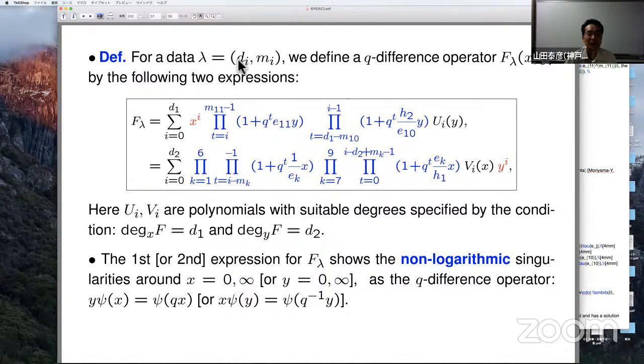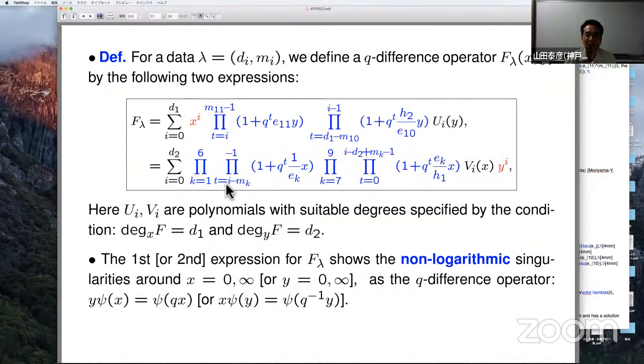For given degree and multiplicity data d and m, we define the q-difference operator, or the non-commutative polynomial f, by the following two expressions. In collecting the terms in x, we have this kind of factorized coefficient.